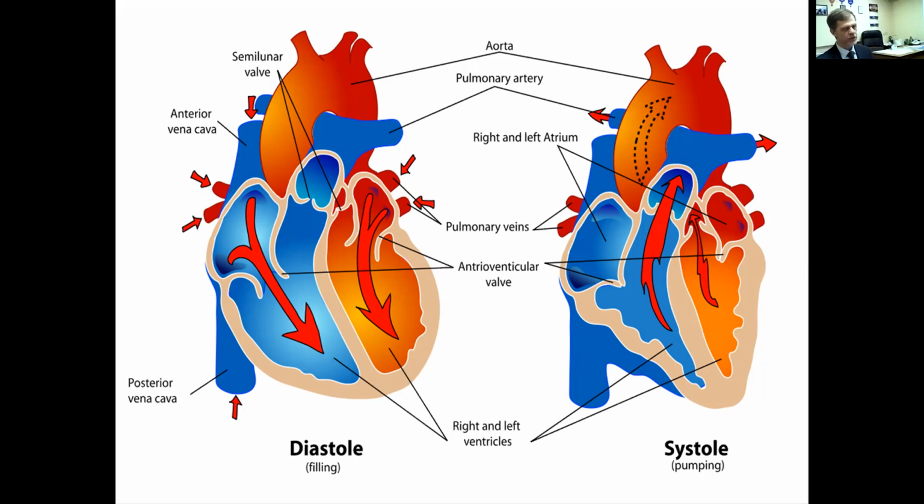Okay, aortic incompetence means that the aortic valve can't be closed completely. Remember, when should the aortic valve be closed completely? The aortic valve should be closed completely during diastole. If the aortic valve can't be closed completely during diastole, what happens? Regurgitant blood flow. As a result, we'll find a diastolic murmur.